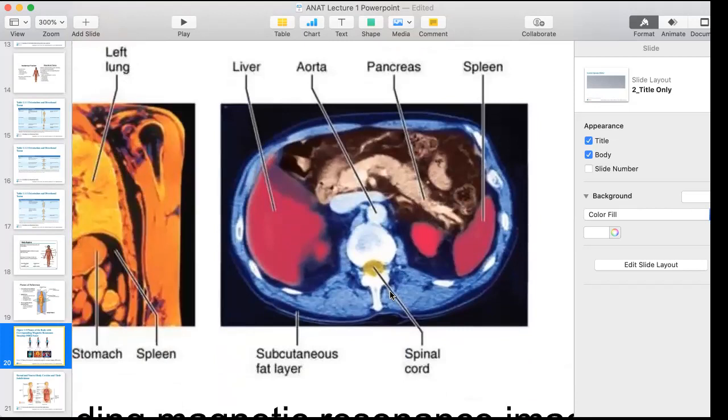So this also gives a lot of valuable information, especially when trying to look at the valves of the heart, because it's one of the only planes where you can visualize all four valves. So as you can see, this really allows you to see the very deep structures of the body well.